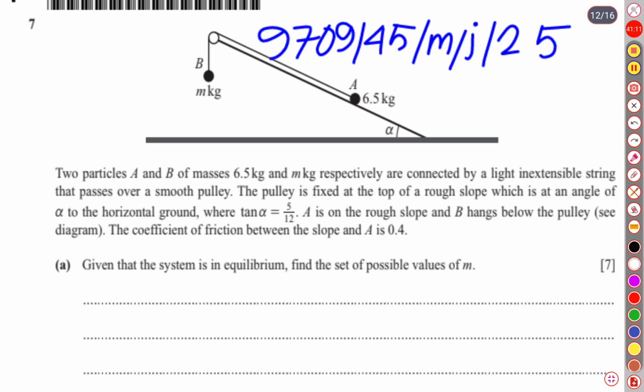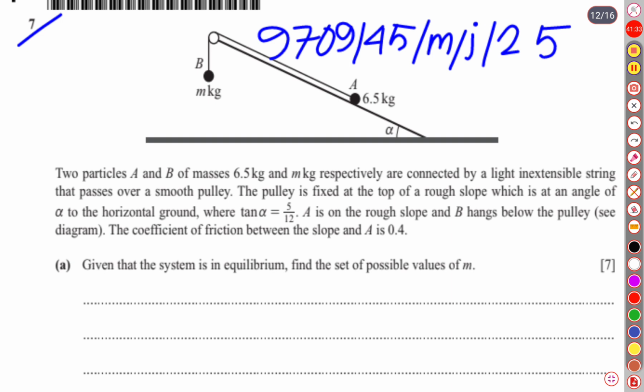The next question has been chosen from the same paper 9709/45 for the session May June 25, and we are solving question number 7. It says two particles A and B of mass 6.5 kg and m kg respectively are connected by a light inextensible string that passes over a smooth pulley.